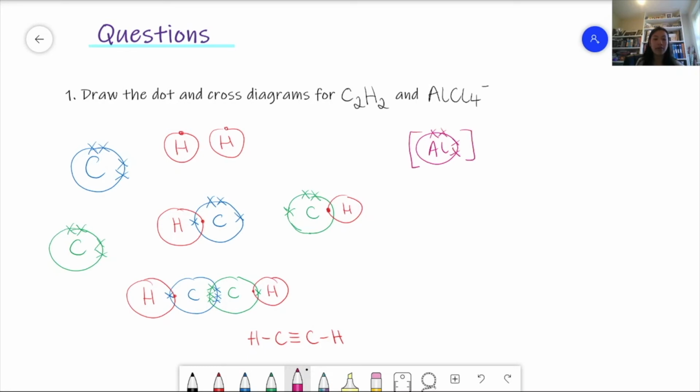So this is the aluminium 1- ion, and then we have 4 chlorine atoms, so they all have 7. So that must mean that we have the aluminium ion in the middle, and then 4 chlorines surrounding it. So they must all just be single bonds.